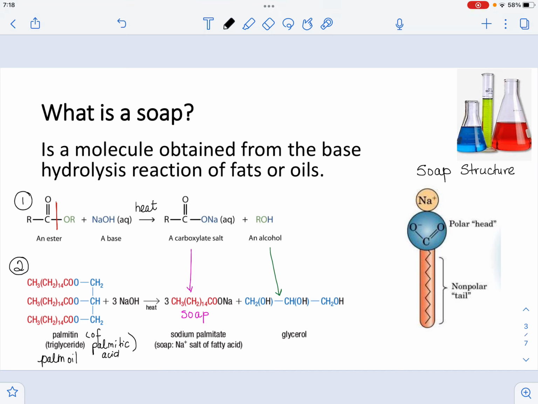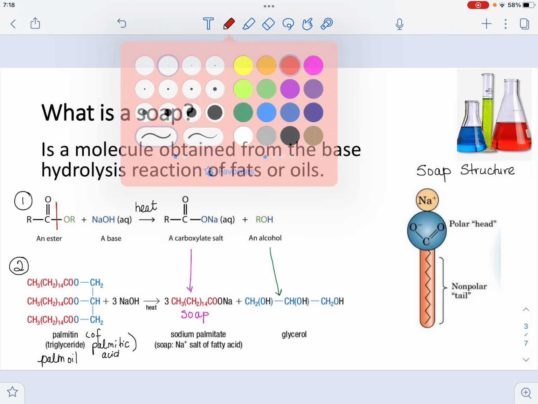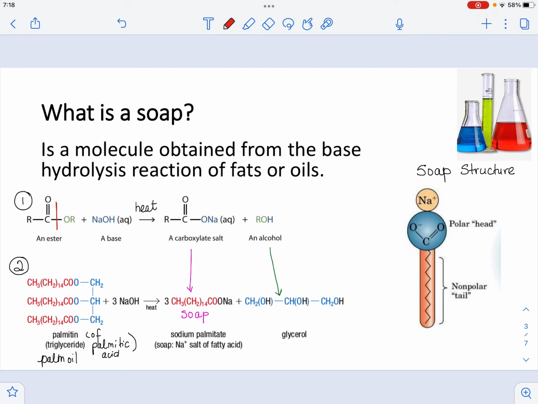This is important to note because one of the things that we know is that soap is going to interact with water. And since water is a polar molecule, then utilizing the terms hydrophilic and hydrophobic, we can define which area of this soap is going to interact with water.